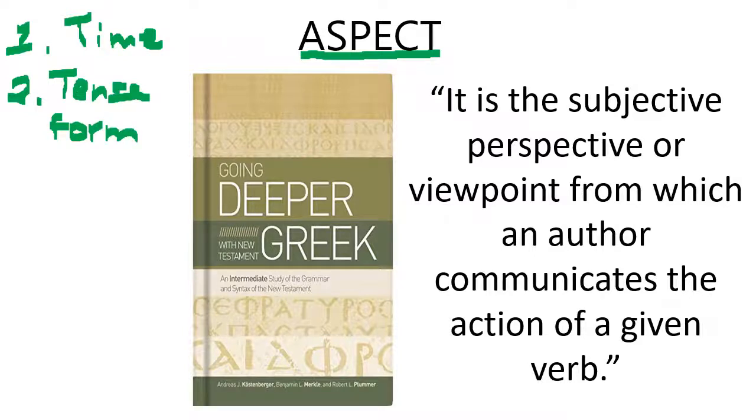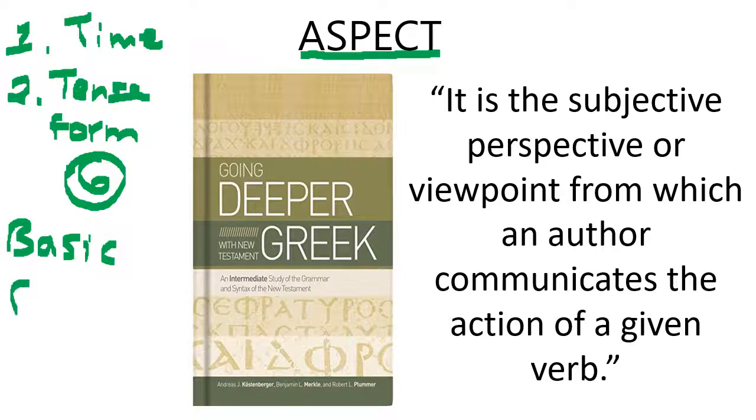And we said that there were 6 tense forms that you needed to be familiar with. All right, now aspect. Why aspect? Yes, it's difficult, but it's very important because it essentially forms the basic framework, as it were, for understanding Greek verbs. All right, so the basic framework.